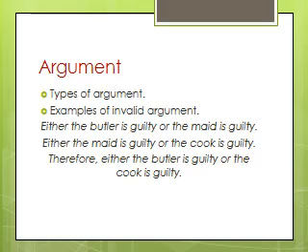If you analyze this argument, it's an invalid argument because the conclusion could be false even if both premises are true. For example, if the maid were guilty, and the butler and the cook were both innocent, then both premises would be true and the conclusion would be false.